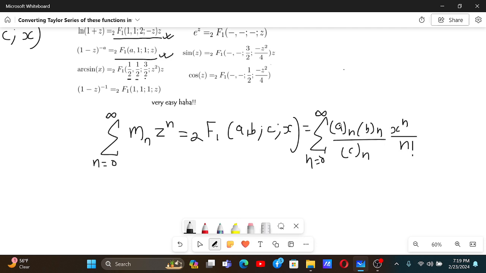I have already explained this notation in my previous video where I explained the hypergeometric series. It basically means a sub n is a rising factorial, where we take the product increasing the number up to a plus n minus 1.